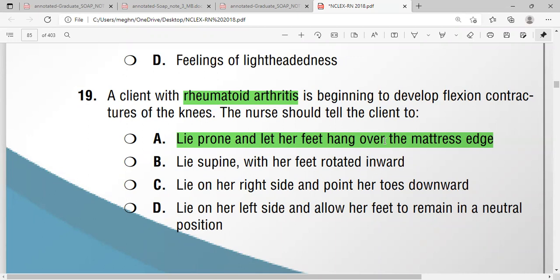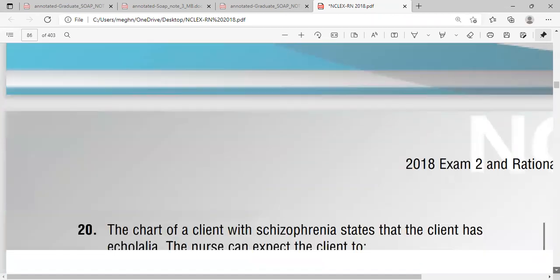The client should be told to do this several times a day because it is helpful for a patient who has rheumatoid arthritis. Answers B, C, and D do not help to prevent flexion contracture. Therefore, they are incorrect. Next question.